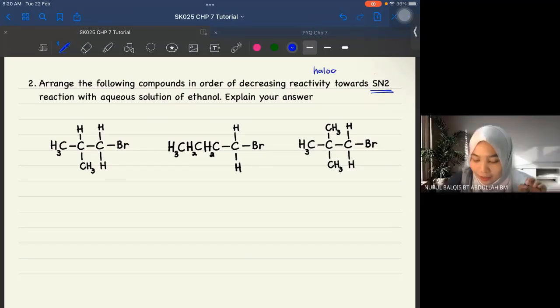Yes, haloalkane dan juga nucleophile, your nucleophile. Okay, so this haloalkane and nucleophile pula, kita tengok dia tak sama dia punya reactivity macam SN1 sebab the intermediate species form is different from one another. Can I know what kind of intermediate species to be formed in SN2 mechanism? Transition state. Yes, transition state.